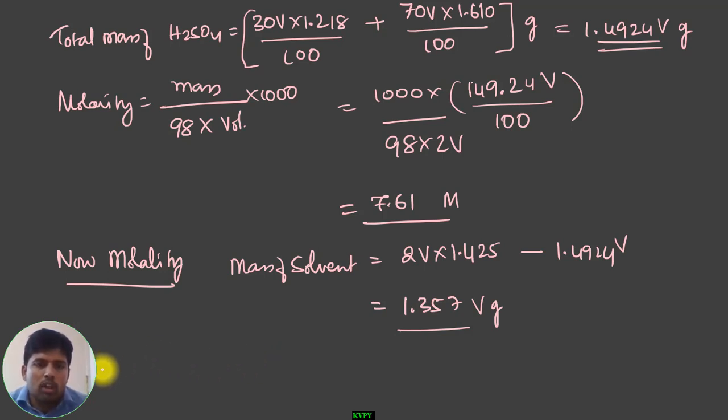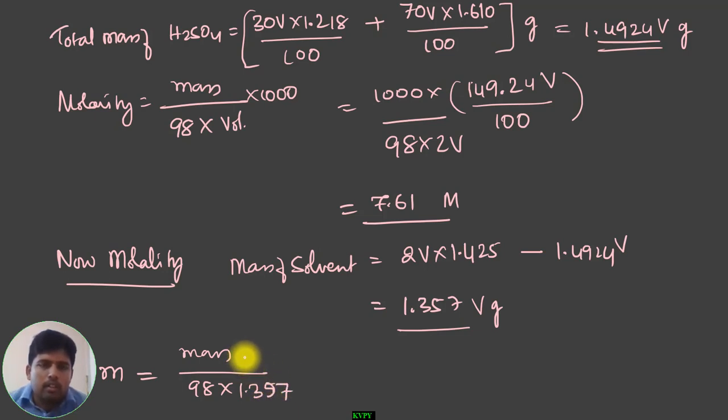Now molality, small m, is equal to number of moles. So you can say mass divided by 98 into 1.357 into 1000 V, because this is actually the mass of solvent.